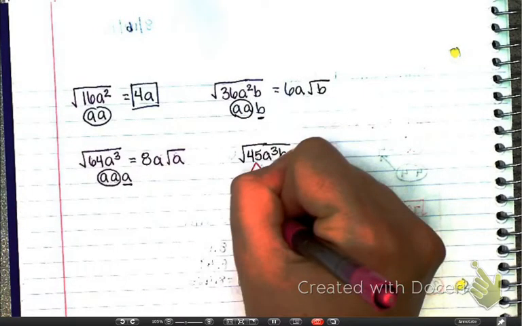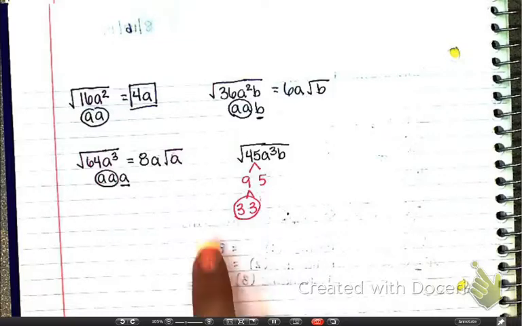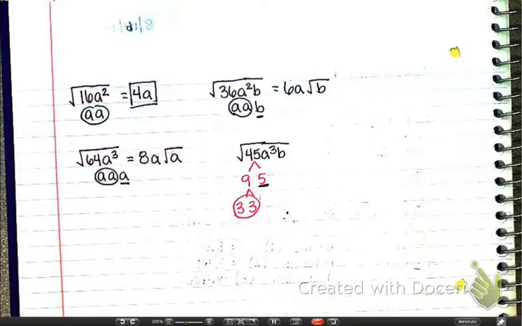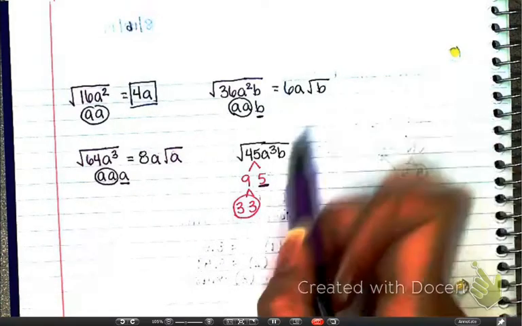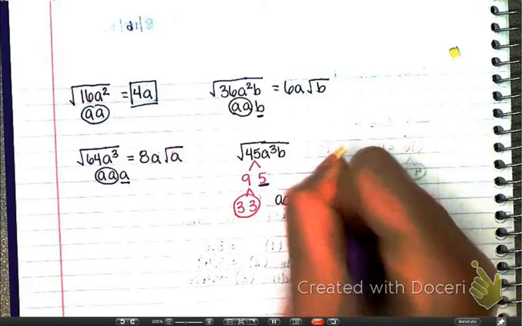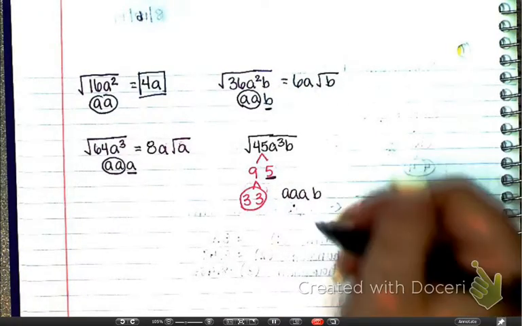Okay, so I have the 3. Before I write things out, though, because I like things to look neat, I'm going to deal with my variables. So I know the 3 is going to come out, and I know the 5 is going to stay on the inside. Everyone agree with that? Okay. According to the variables, I have 3 a's and a b. Do I have any pairs? I have a pair of a's.